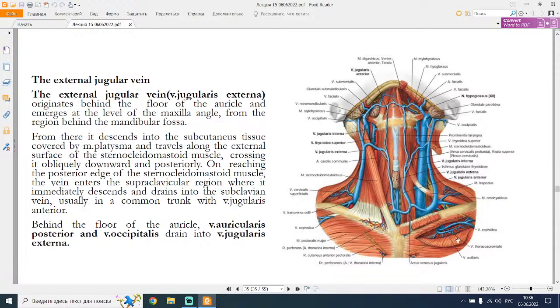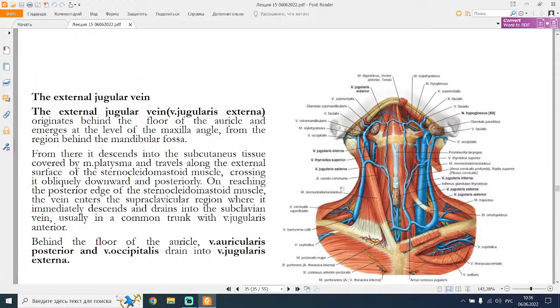Next vein, vena jugularis externa. It originates behind the lobe of the auricle at the level of the mandibular angle, from the region behind the mandibular fossa.